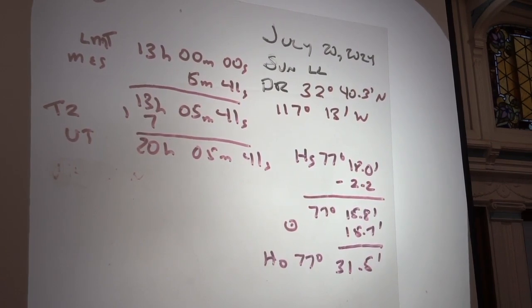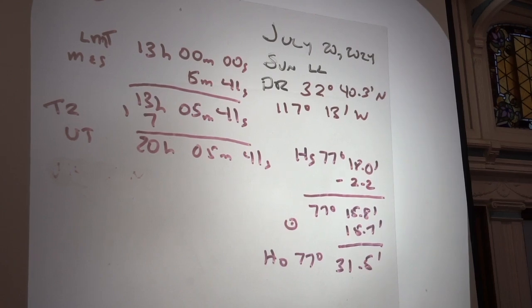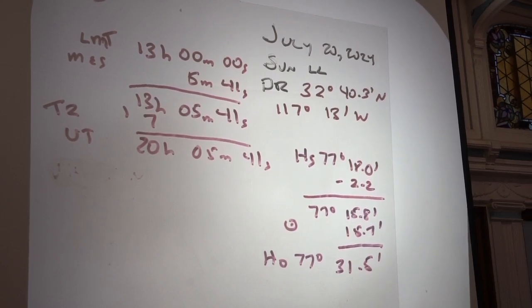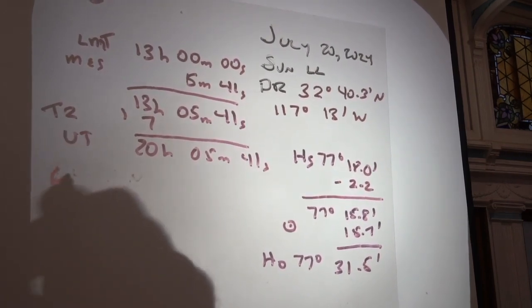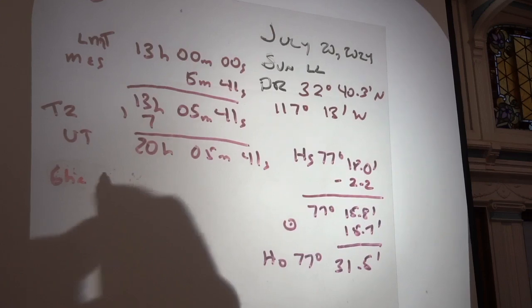And at 20 hours under GHA, you find 118 degrees, 23.4 minutes. Is everybody finding that? Wait a minute, let me make sure I'm reading this right. Yeah, 118 degrees, 23.4 minutes. So I'm going to write down the letters GHA.